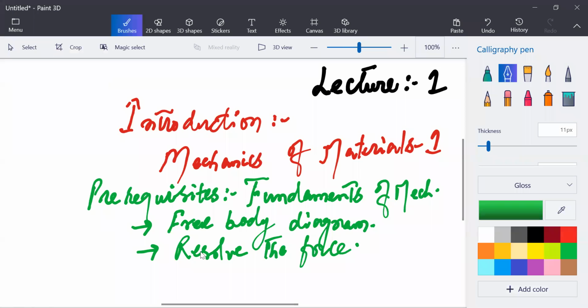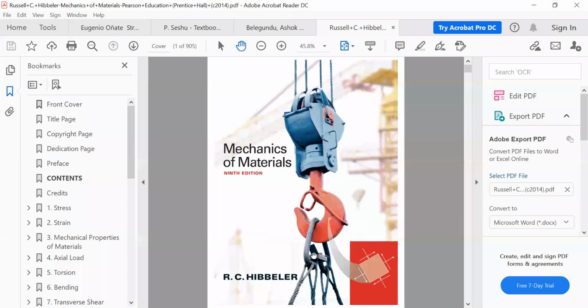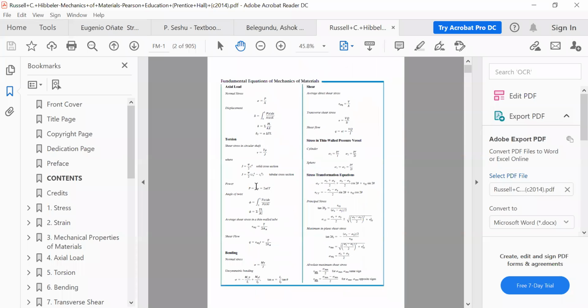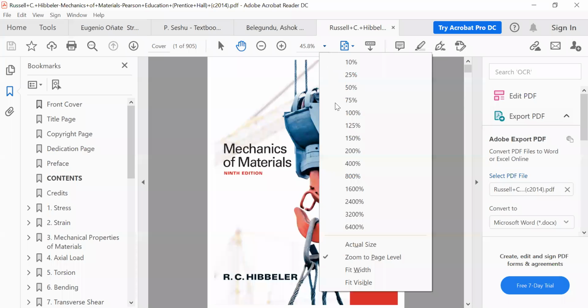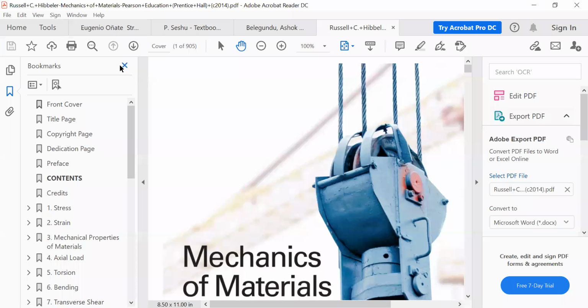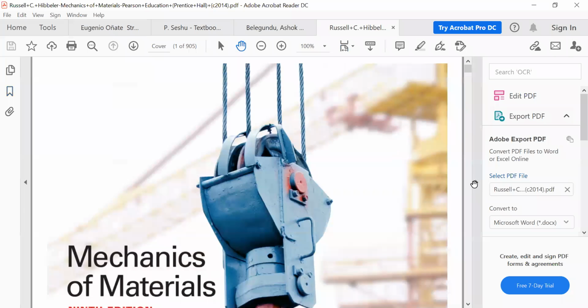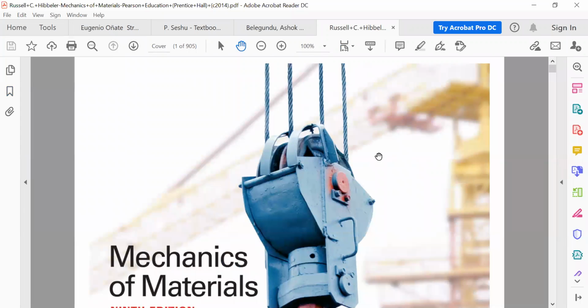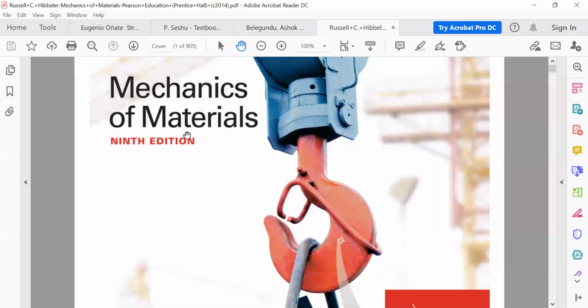The book that we'll be following in this course is Mechanics of Materials, 9th edition. The author is the same author whose fundamentals of mechanics, statics, and dynamics you have studied in the previous class.